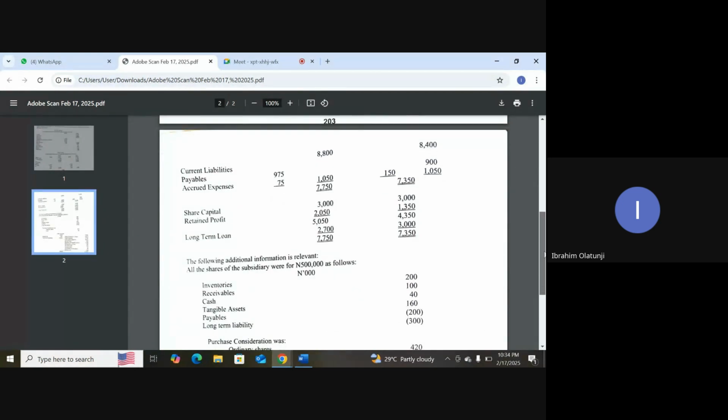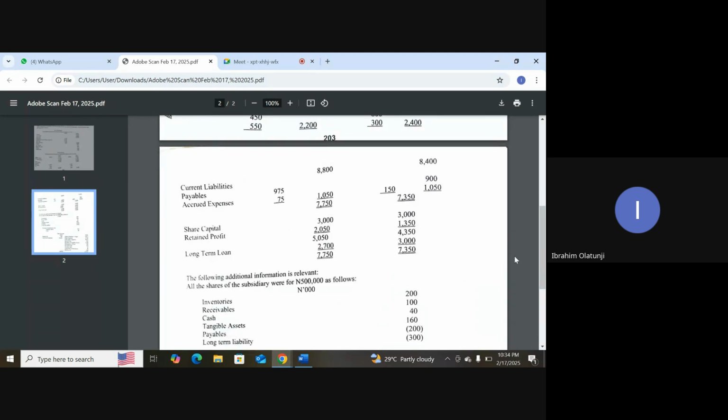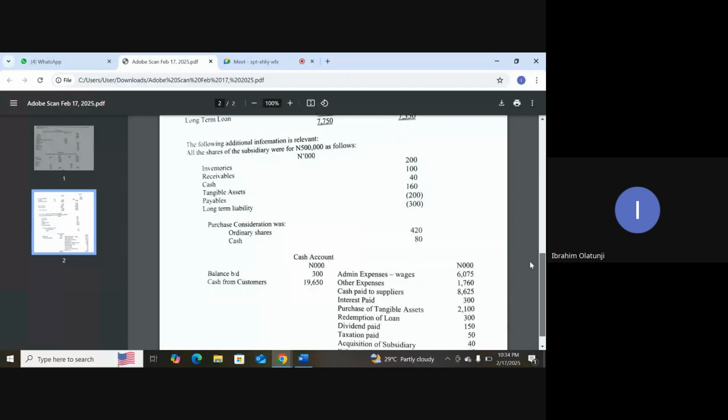If you don't want to look at your balance sheet, you can come to the draft that the examiner is giving you here, this cash account. You can see balance brought down 300. That 300 that you see in your balance sheet under cash and cash equivalent is the same 300 that you have here.